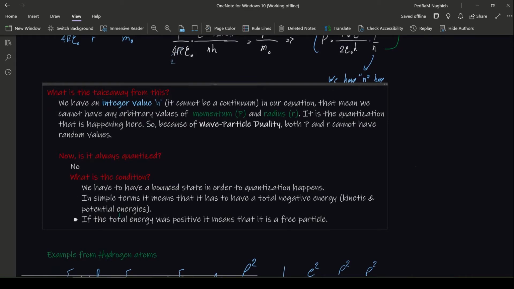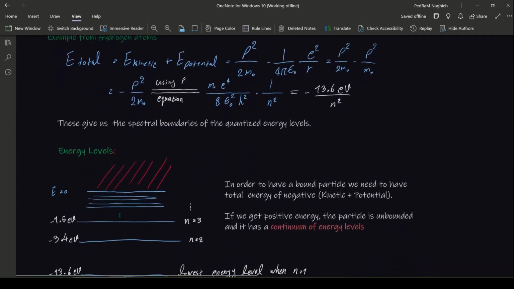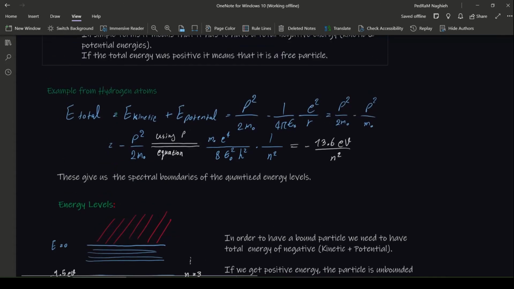If the total energy was positive, it means that it is a free particle. So we have to have a total negative energy. We can show it like this: negative energy, and the positive energies are free electrons, which are shown like this. So the calculation can go like that, and at the end we get something like this.